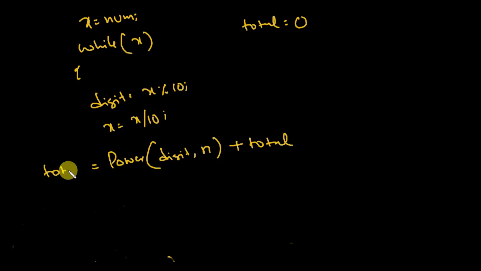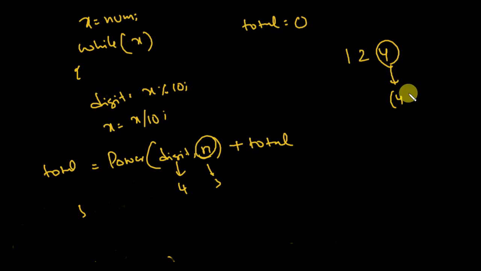So see, for example, if you take 124, at this position the digit value is 4. So here 4 is placed and here n, right? n is nothing but 3. 4 power 3 we get the value; initially the total value is 0, so we get 4 power 3 plus 0, which means 4 power 3. Here we got 4 power 3 as the total value.